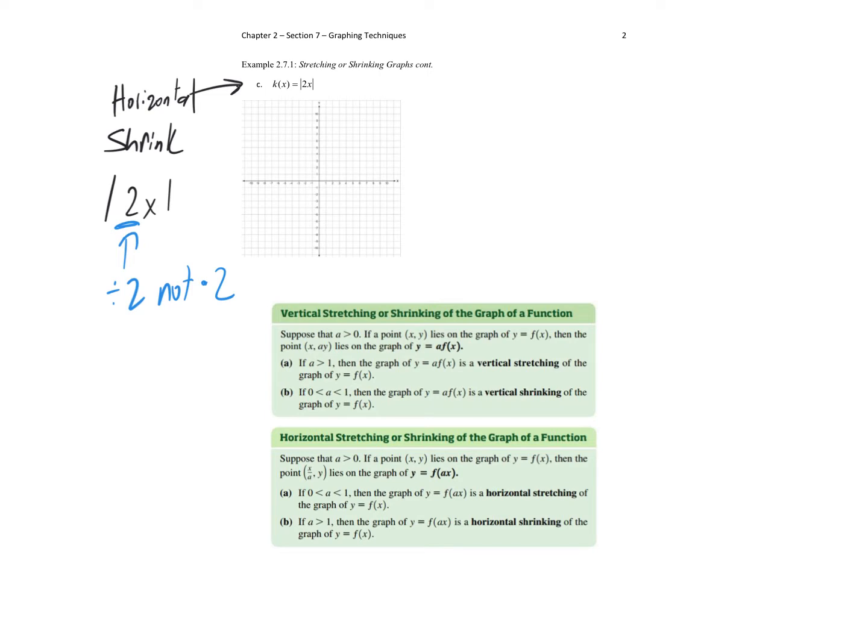Okay, and it's kind of an interesting point that this happens, but a convenient way to remember it, if the transformation is happening to your x values, i.e. it's a horizontal change, you should always be doing the opposite of what you are shown in that equation. And so in this case, it says times 2, we're going to actually divide by 2.